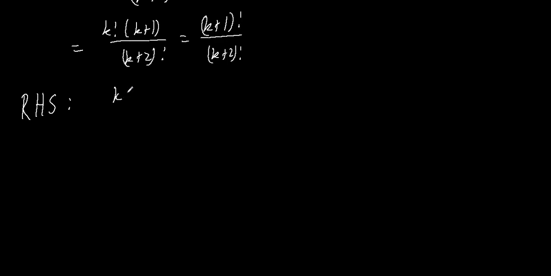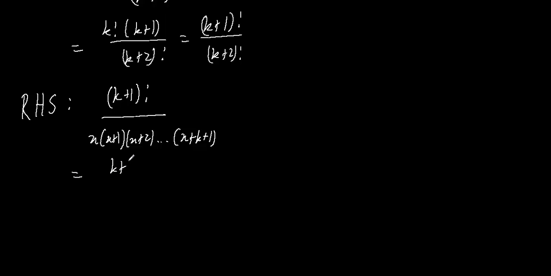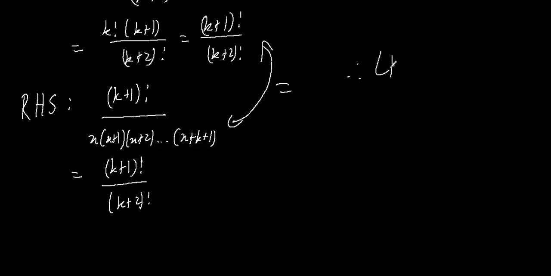So I get k plus 1 factorial all over x plus 1, x plus 2, and so on, x plus k plus 1, which is just the same thing as k plus 1 factorial over k plus 2 factorial. These both are equal. Therefore, LHS is equal to RHS.